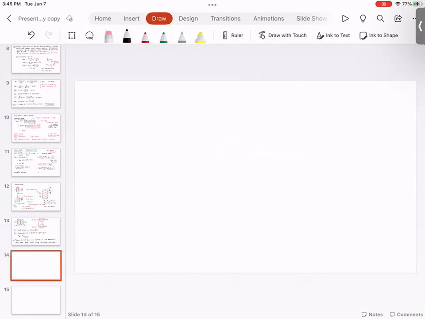So let me give you some dimensions or the proportions for the helical gear. The pressure angle for helical gear is 15 to 25 degrees.